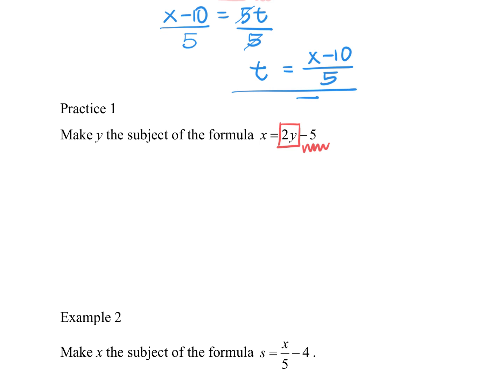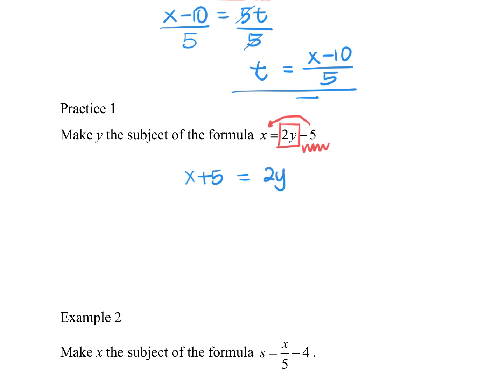This is subtract 5, so we undo and reverse the operation. So this one will become x plus 5: undo subtraction, we bring it over, it becomes add, equals 2y.